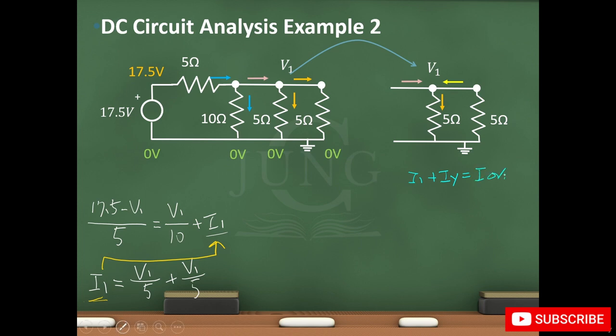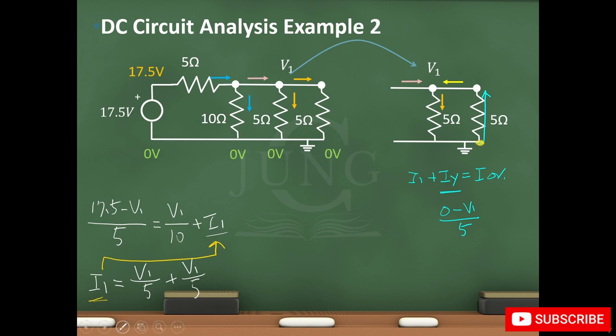And I yellow equals 0 minus V1 divided by 5 ohms, because the current flows from a higher potential to a lower potential. Our new assumption of the current directions tells us the 0 volt is the higher potential.